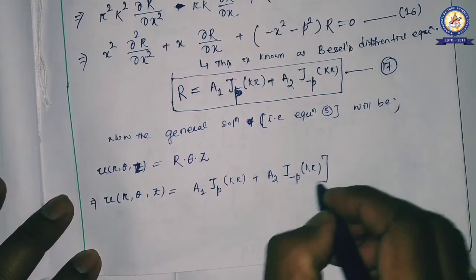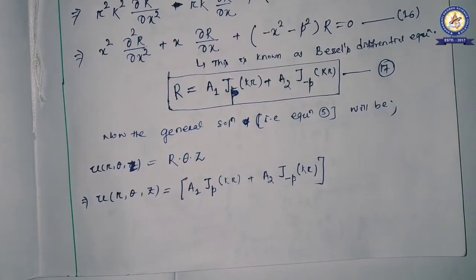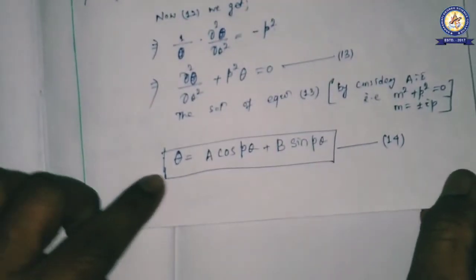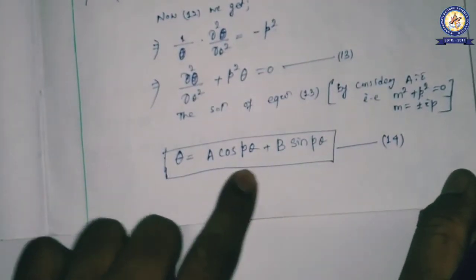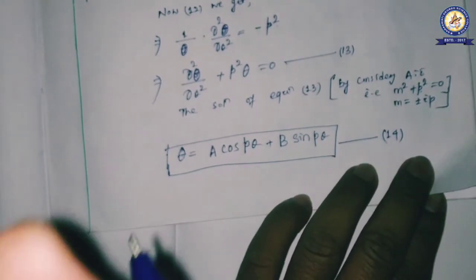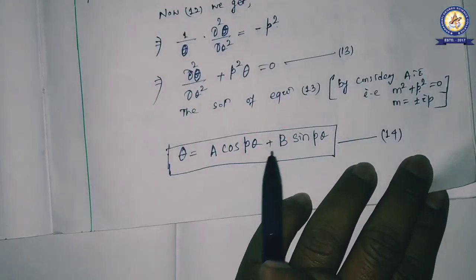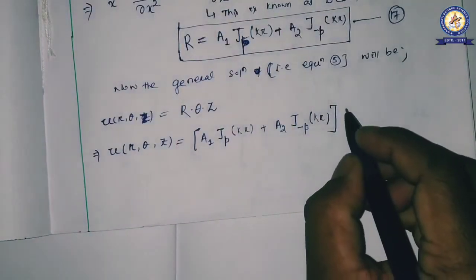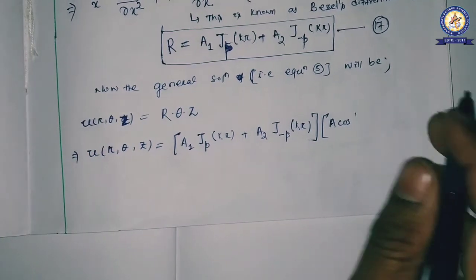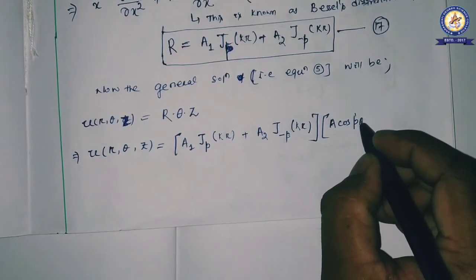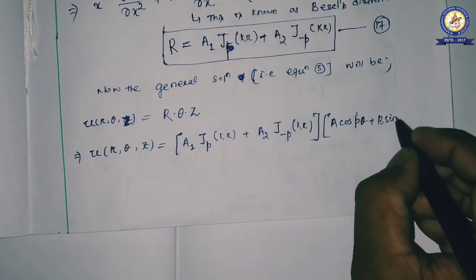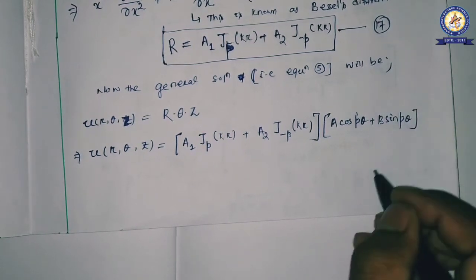function of kr plus a2 J minus p kr. Okay, then previously we found the solution of theta: a cos p theta plus b sin p theta, we have to write down.